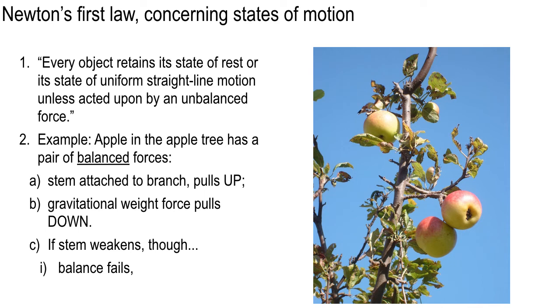So if the stem force weakens, it can't deliver enough, and eventually it's going to snap. And down it goes. And then it hits Sir Isaac Newton on the head, and he thinks of the law of gravity, or so the legend has it. So that's an example of balanced forces in a state of rest.